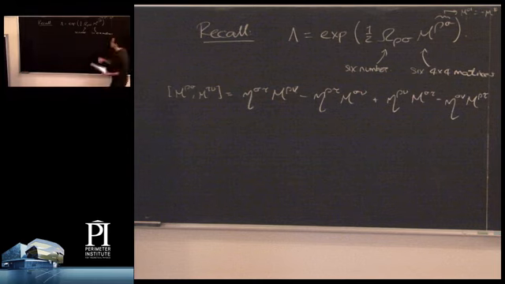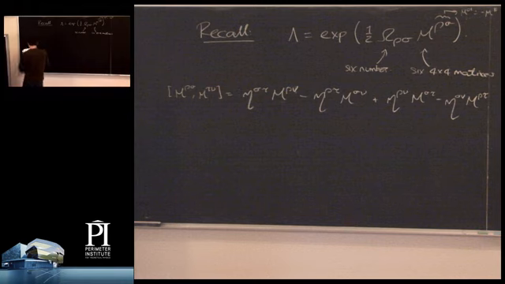And what I told you was that all of the structure in the Lorentz group is to do with how these Lorentz transformations multiply together. And that's encoded in the commutation relations of these guys here.